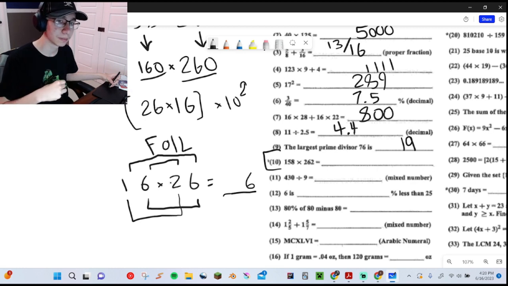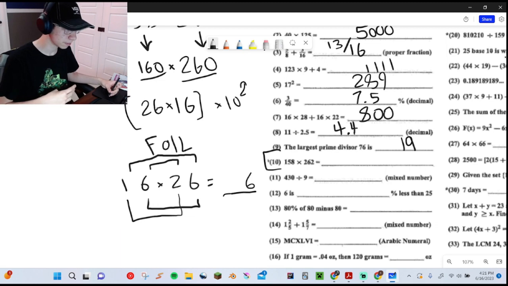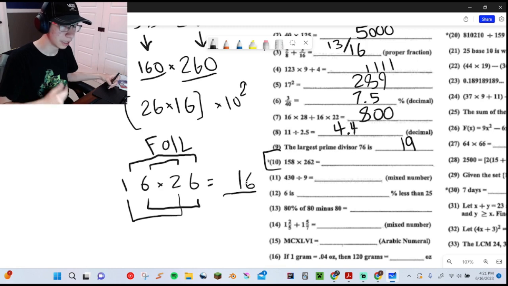It's going to be 12. 1 times 6 would be the product of our outer. That's 6. So 12 plus 6, the sum of our inner and outer terms, that's going to be 18. Plus the 3 I carried is 21. So I'm going to write down the 1, carry 2.